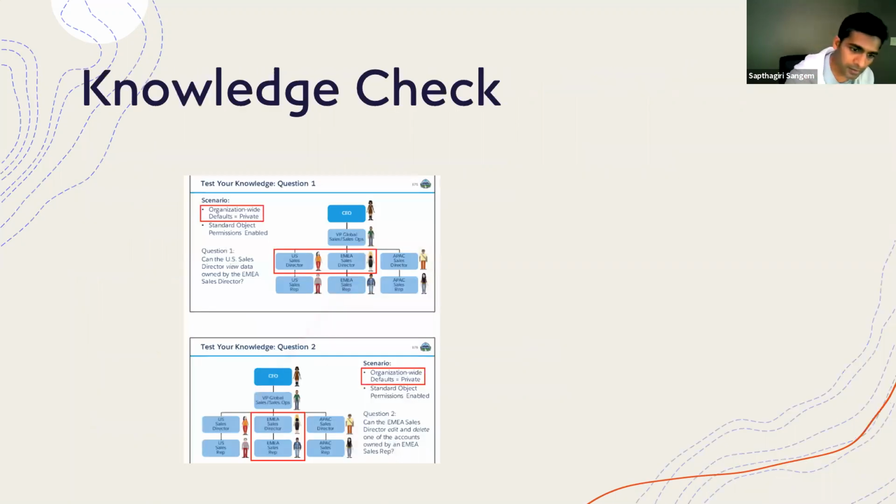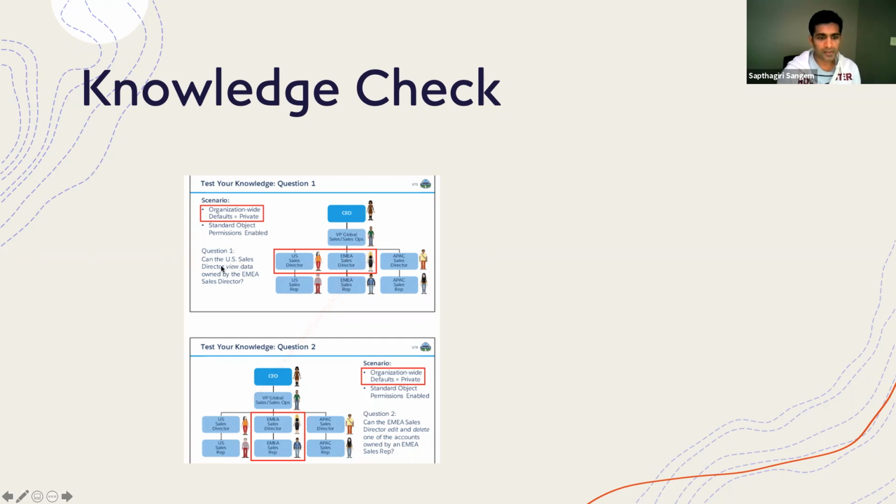So let's test our understanding. The first scenario: the organization default on any object is private, and the object permissions give, by default, access like read access. If you see here, the US sales director and the EMEA sales director.